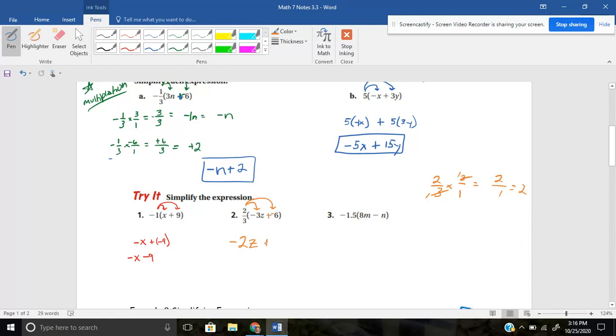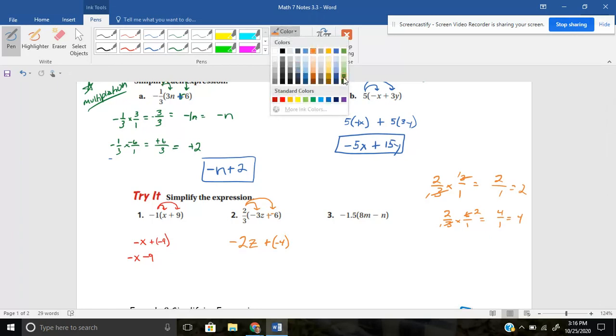Plus, then I have to do 2/3 times 6. Again, I could simplify first, so divide each of these by 3, I'd get 1 and 2. Multiply across, so I'm going to 4 over 1, which is 4. And then I had a positive times a negative. Different signs is going to give me a negative answer, so plus negative 4.